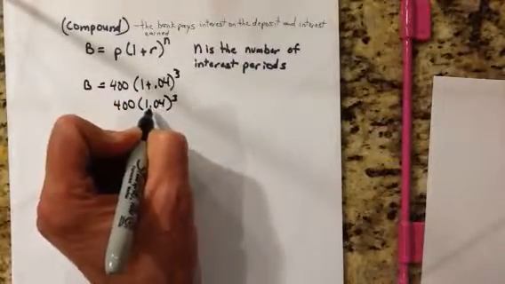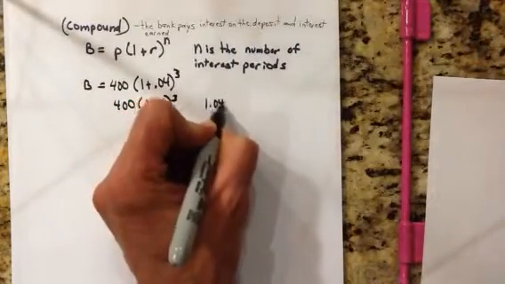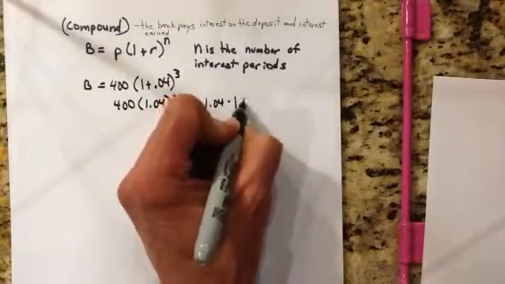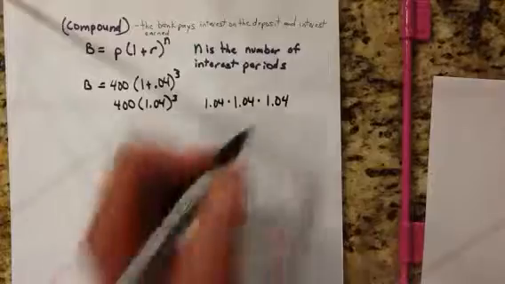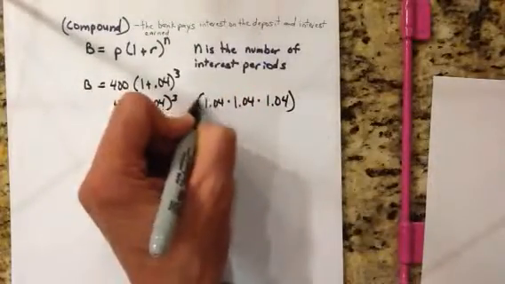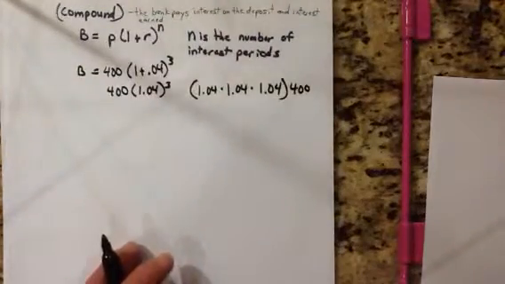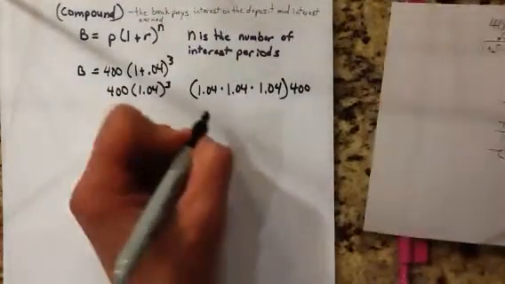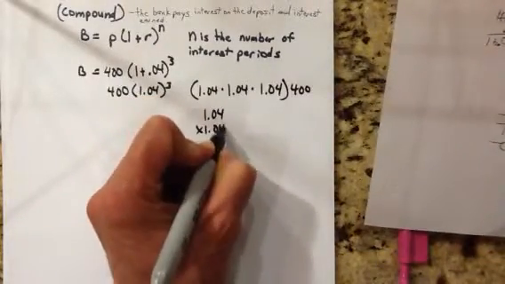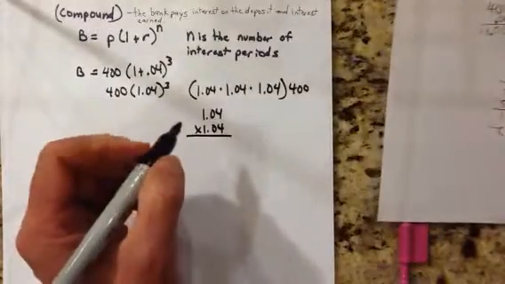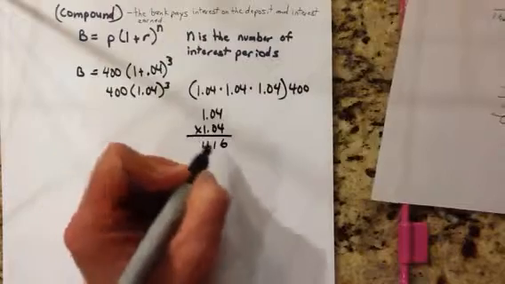I'm first going to multiply 1.04, and to the third power means 1.04 times 1.04 times 1.04. And then that would be times the $400. So 1.04 times 1.04: 4 times 4 is 16, carry the 1, 4 times 1 is 4.